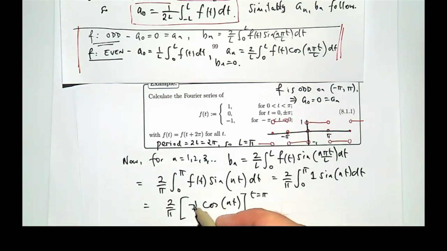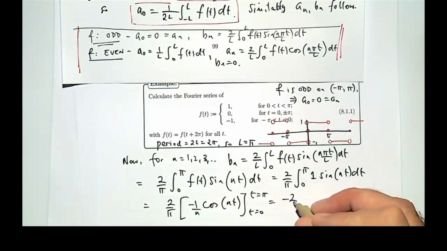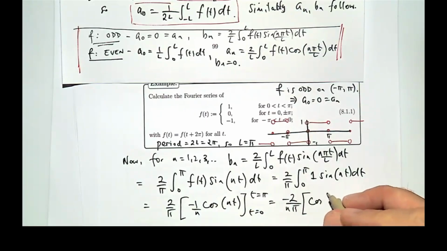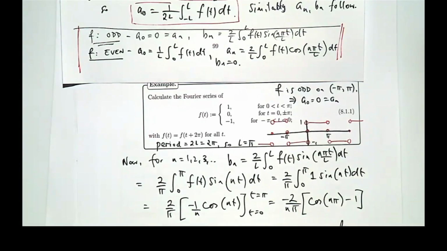And I'll bring that negative out the front. Okay, cos of 0 is 1. Okay, that is our Fourier coefficient for n equals 1, 2, 3, 4, 5, 6, 7, 8. Okay?